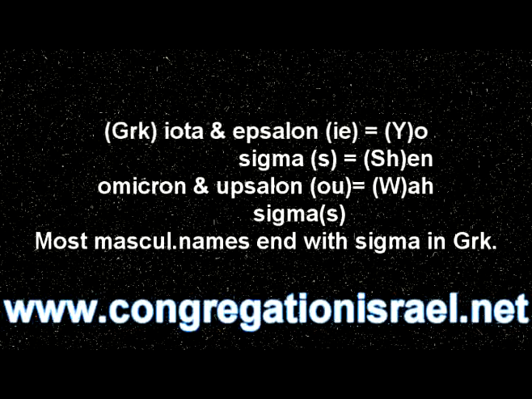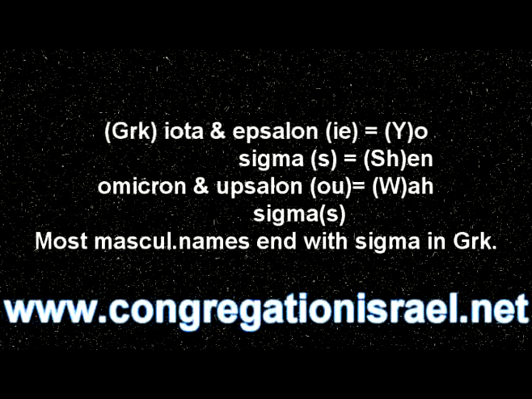The Greeks did not have a Y sound. So what they did was they put the iota and they put the epsilon next to it to give you that EA. The iota gives you the E sound and the epsilon gives you the E sound, the E as in bed. Also too, we see that there is no letter shin in the Greek.